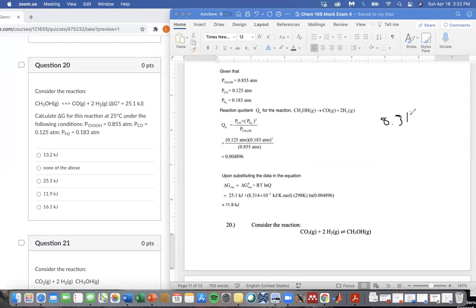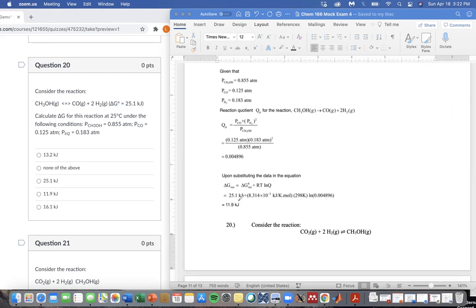Because the answer choices were given in kilojoules, you had to make a conversion from joules to kilojoules by multiplying by 10 to the -3, or dividing by 1,000. That's what they did here with the 8.314 times 10 to the -3.